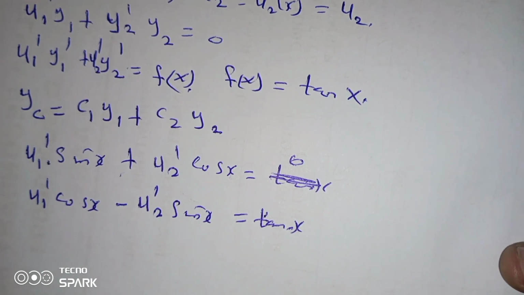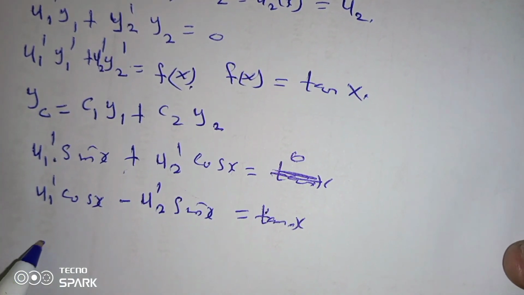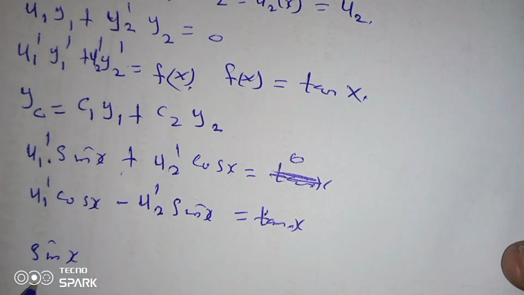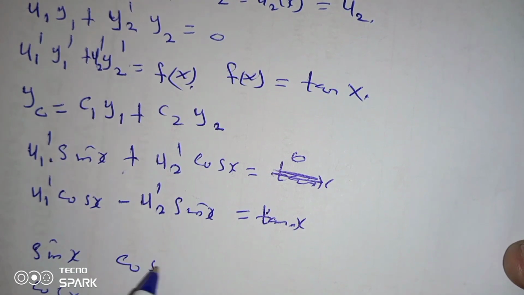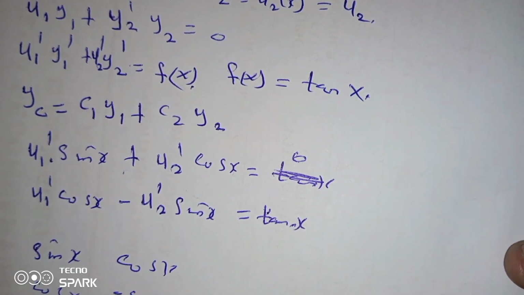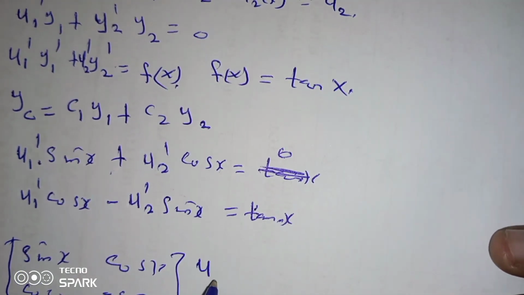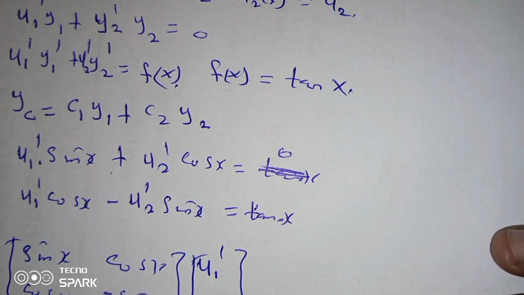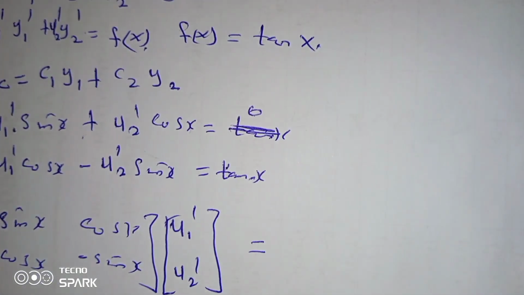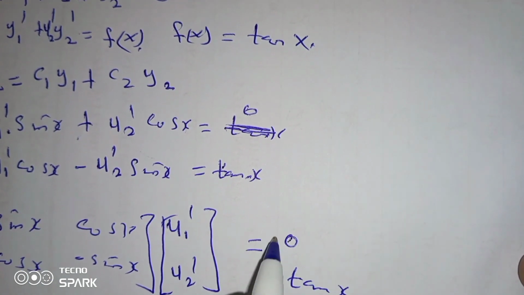Now, we can write this in terms of a vector and matrix: the matrix with rows sine x, cos x and cos x, negative sine x, multiplied by the vector u1 prime, u2 prime. This is equal to the vector 0, tan of x.